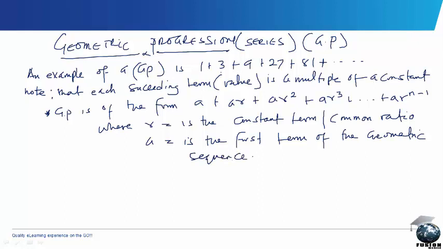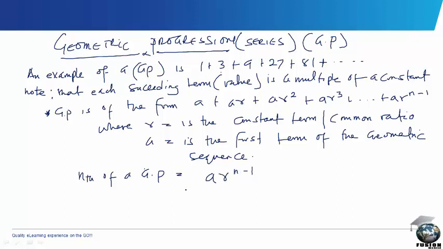Just like your arithmetic sequence, we have to state some formulas for finding the last term and the sum of a geometric sequence. The nth term of a GP can be found using the formula a r raised to the power n minus 1.